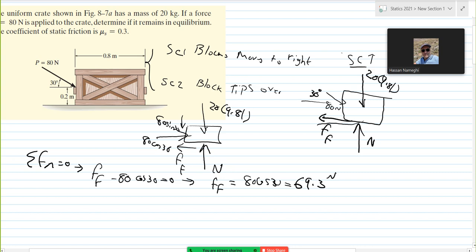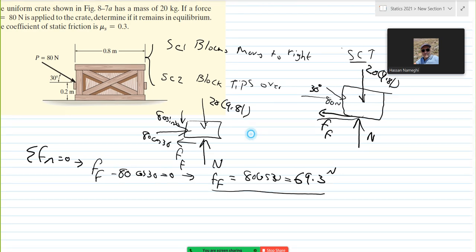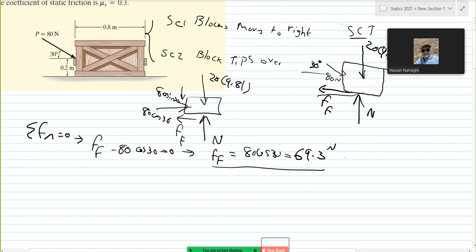Okay, so this is the actual friction that comes from pushing with the 80 Newton. I need to compare this actual friction with the maximum friction.